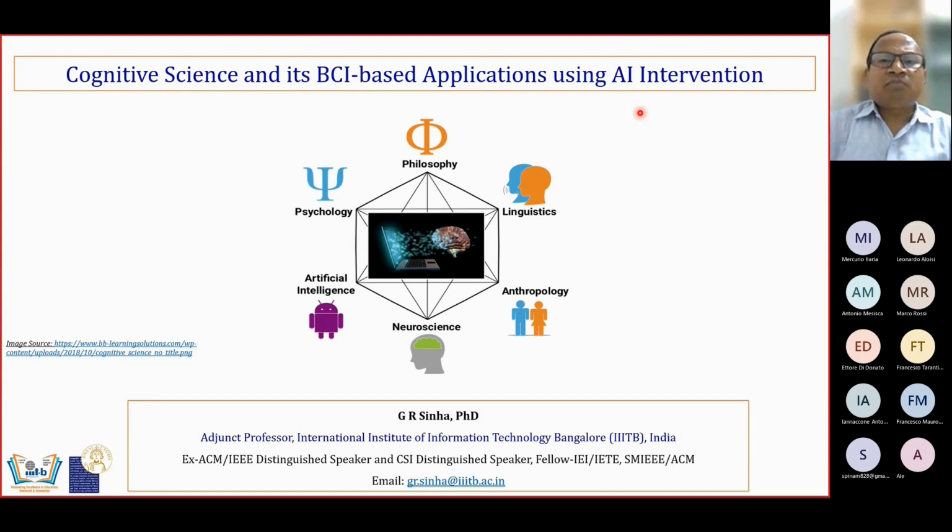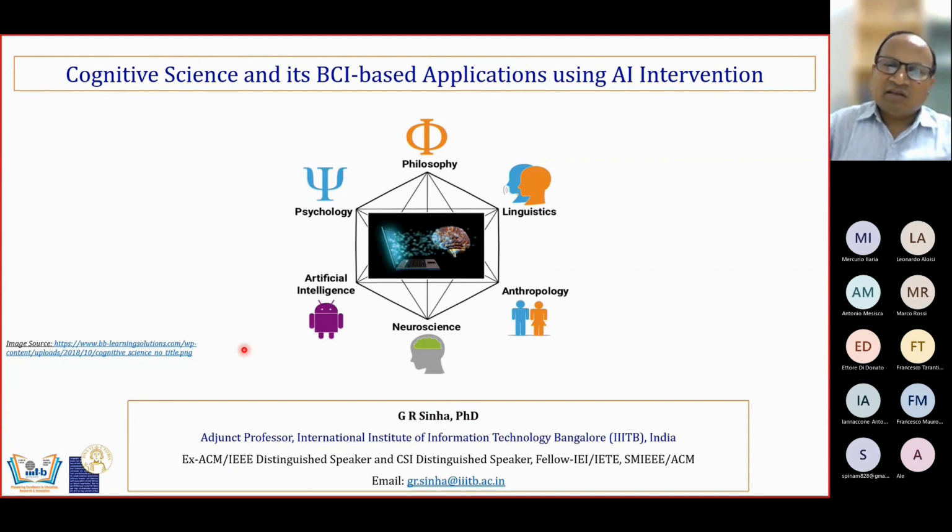There are four important things: one is cognitive science, second is BCI, third is using AI, and how AI helps in BCI applications, those BCI applications which utilize cognitive science concepts.